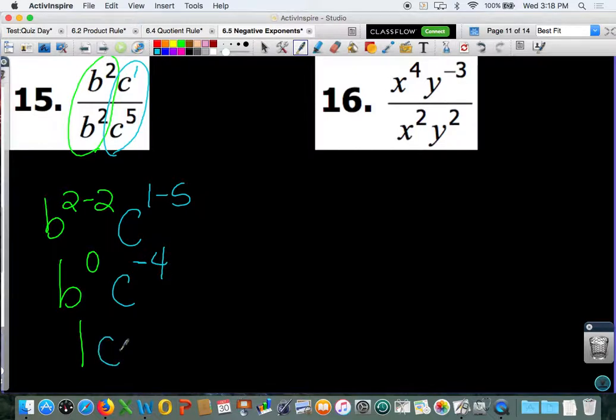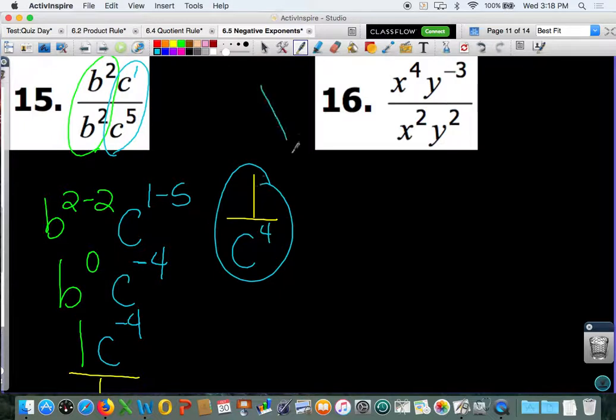I've got c to the negative 4, and that's great, but they're both over 1. So I don't have to rewrite my b anymore. It just disappears. We don't have to keep doing that. But I do need to go ahead and flip this over the fraction bar. It's 1 over c to the 4th power. And now it's positive.